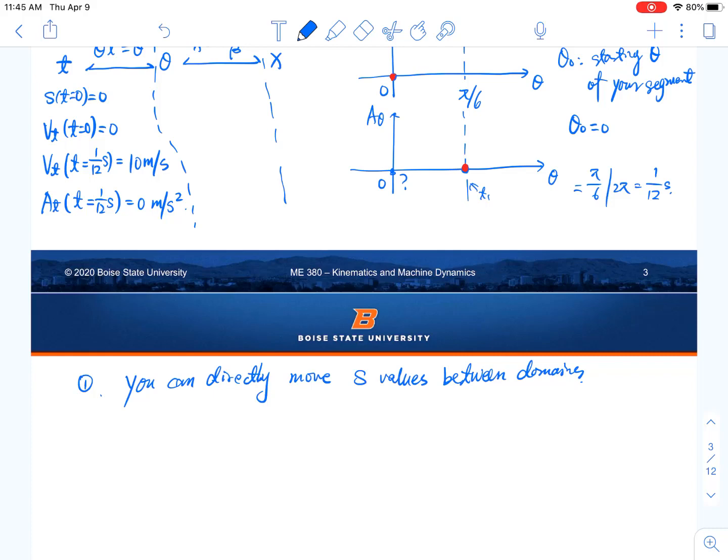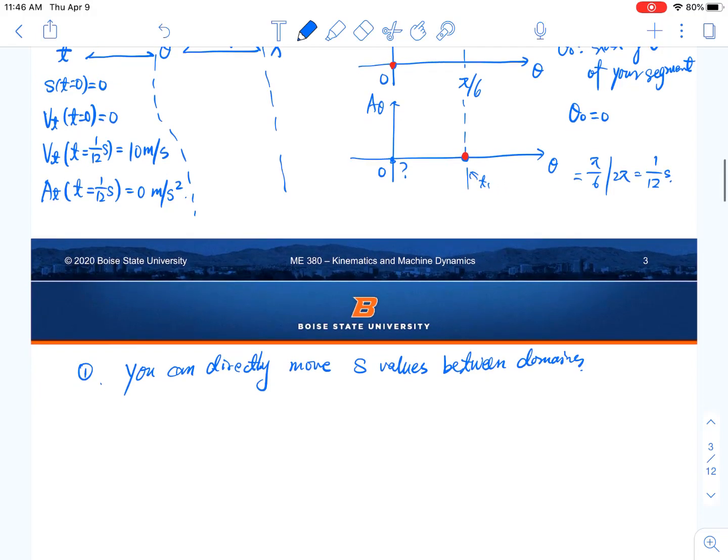So that means whenever you have s, that's why we never put a subscript for s, because no matter whether it is st, s theta, or sx, you can directly deliver your s displacement values.